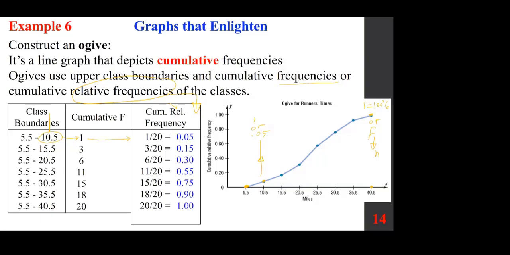You use 0.05, and we are going to use 0.05 here if you're dealing with percent frequency or relative frequency, okay? Now, for 15.5, you put 3 or 0.15. For 20.5, you put either 6 or 0.3. For the next one, you put either 11.